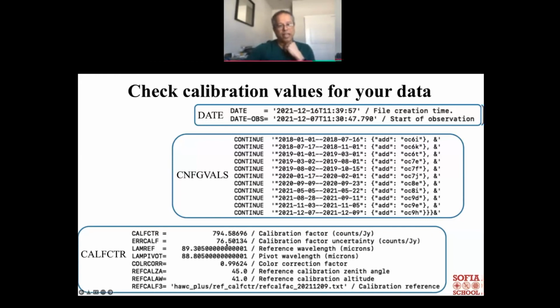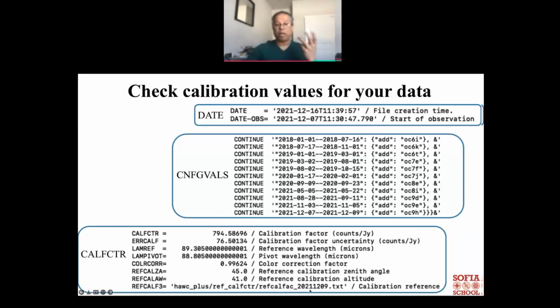That's the uncertainty here. So when you finish your analysis and you say, let's do some photometry on your HAWC data or something, you need to make sure that you include these uncertainties in calibration factors with your analysis. It also gives you the reference values where these calibrations were done, the color correction, and so on and so forth. It also gives you which file the data was removed from.